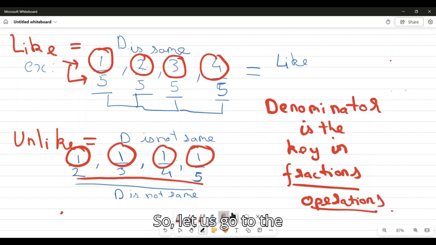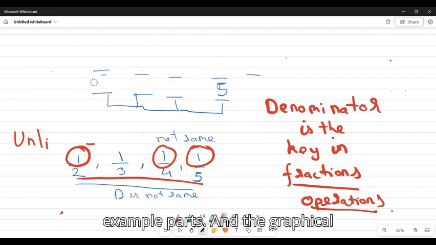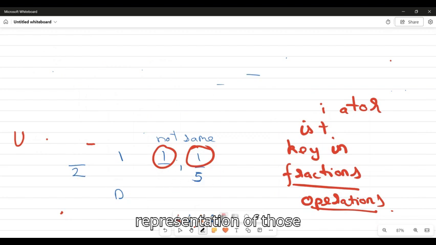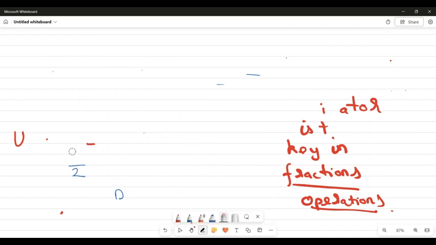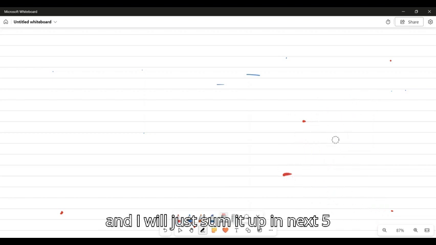So let's go to the example parts and the graphical representation of those examples. And I will just sum it up in the next 5 minutes.